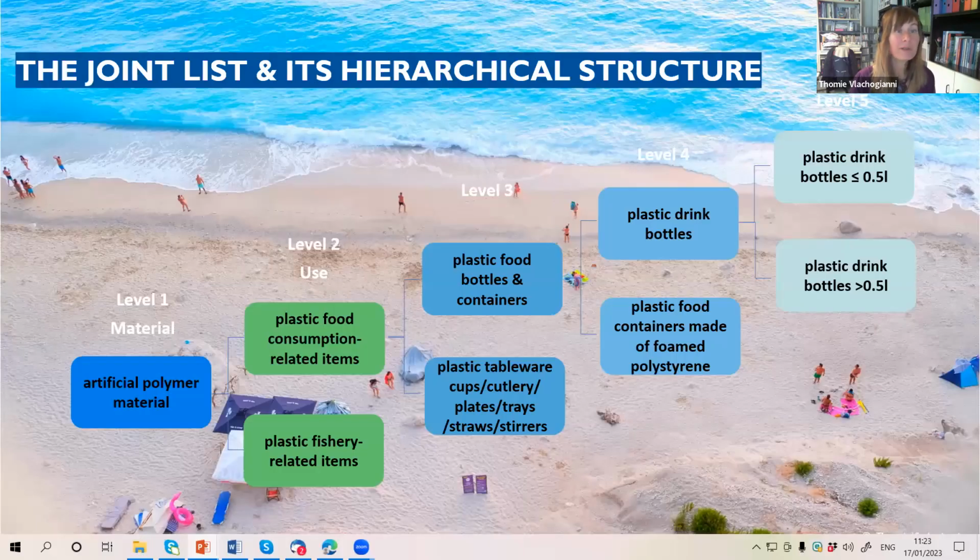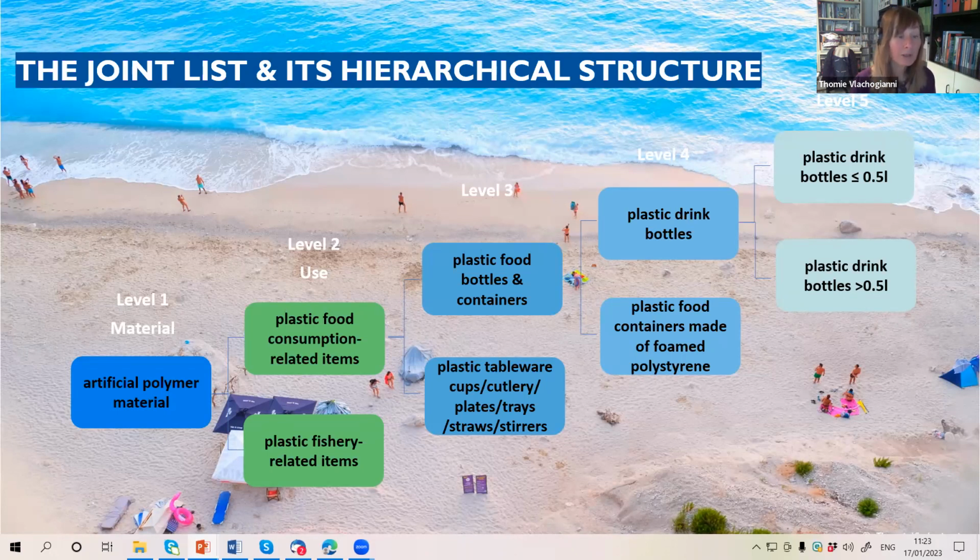And one of the innovative elements of this list is that it has been structured in a hierarchical way in order to allow the comparability of results of data obtained with different lists that deploy a different level of detail. So the hierarchical structure follows 5 levels. At the first level, we have the material type.